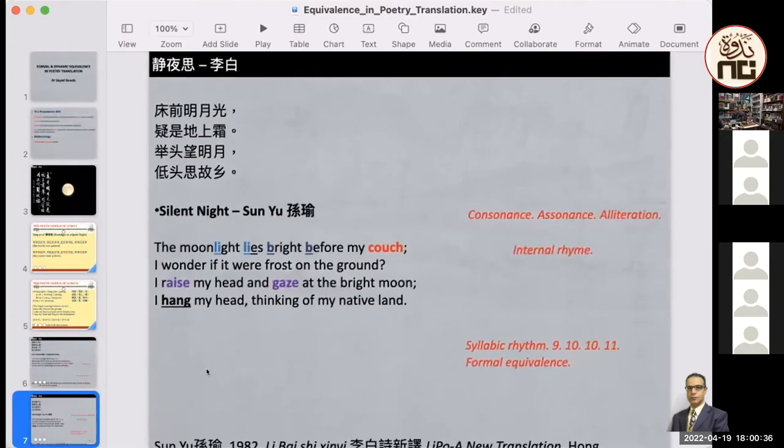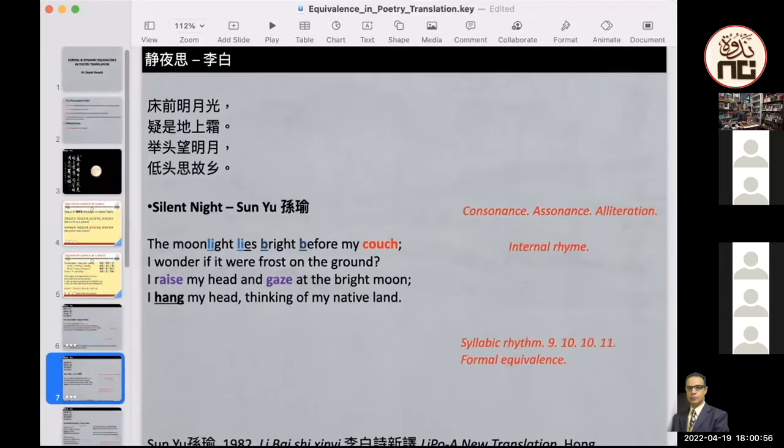Sun Yu did something different here. As I said, even though he didn't use end rhyme, he used other types of musical and poetic devices, like the repetition of the L in light, and the repetition of the B. This is alliteration.